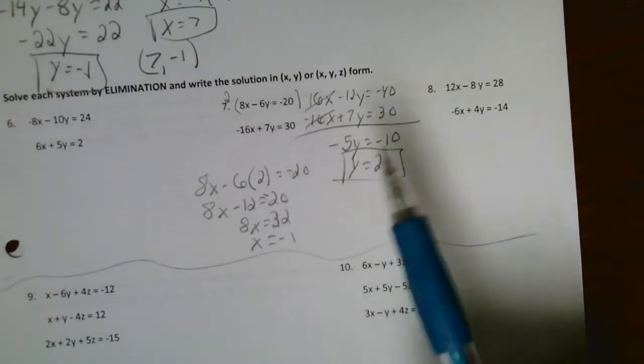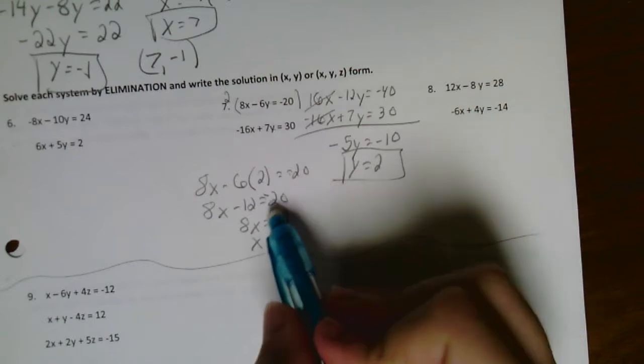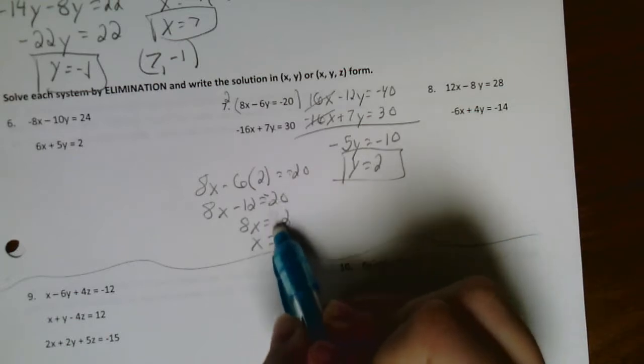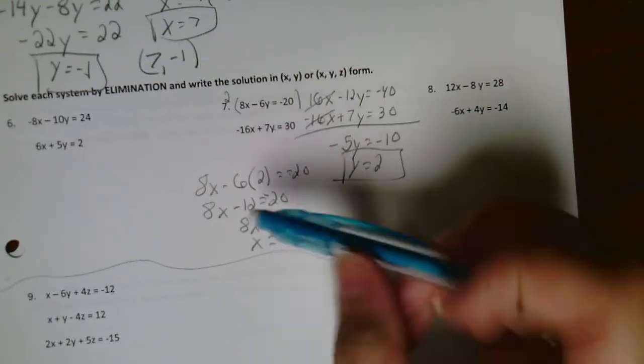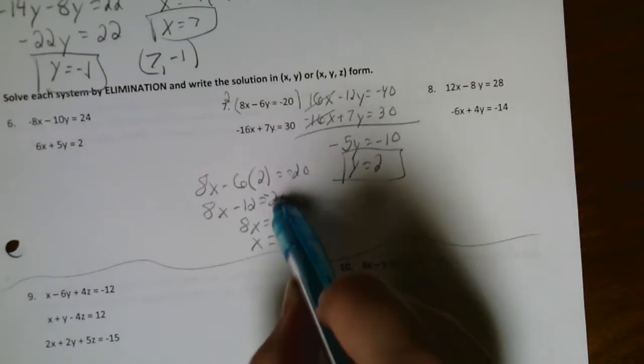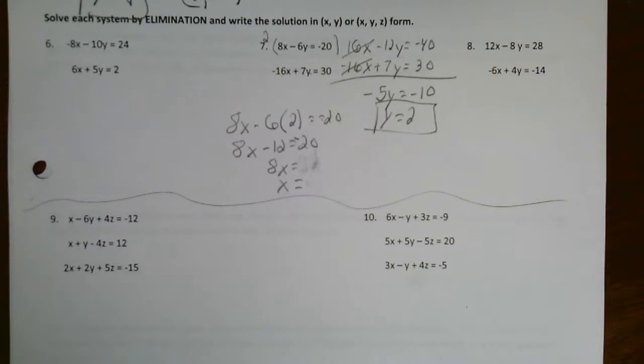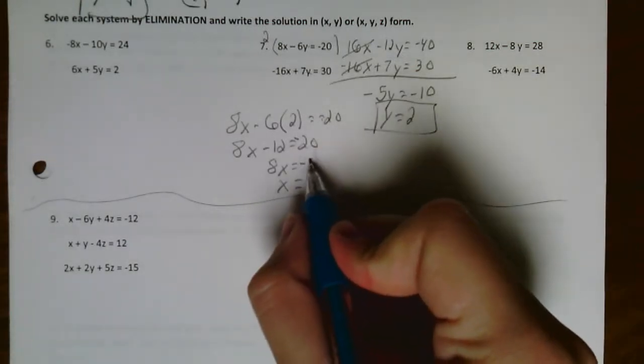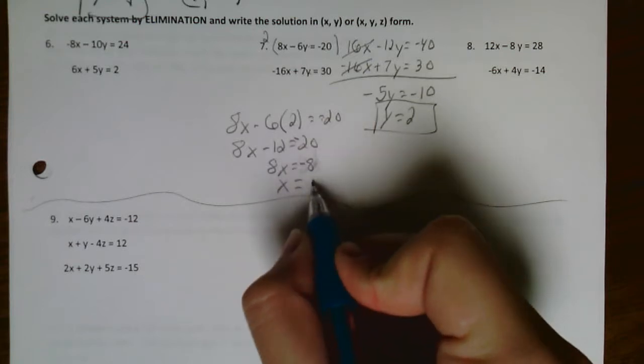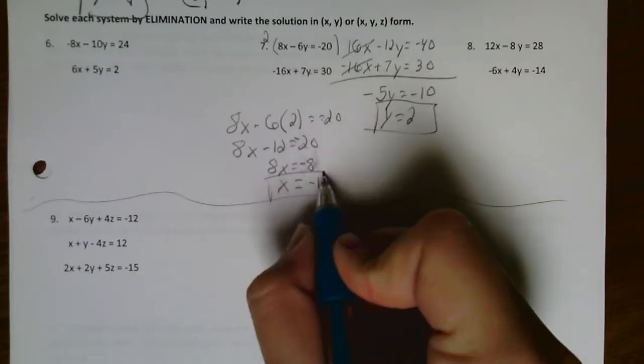So right there, I know I probably did something wrong, and sure enough, I did. I lost the negative sign. That happens, but that's why we always check our work. That way we can go back and figure out where we went wrong. If I add the 12 to the other side, that's actually going to make it negative 8. Then when I divide, that's how I get that negative 1.